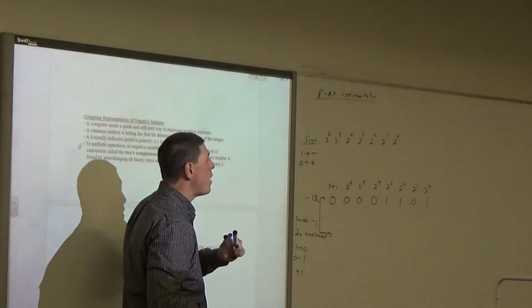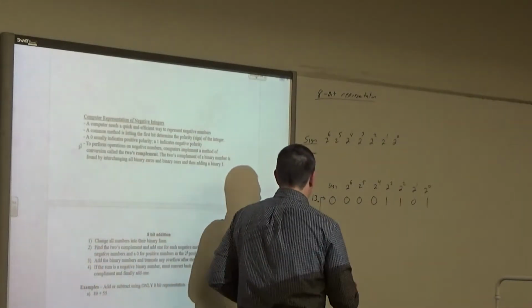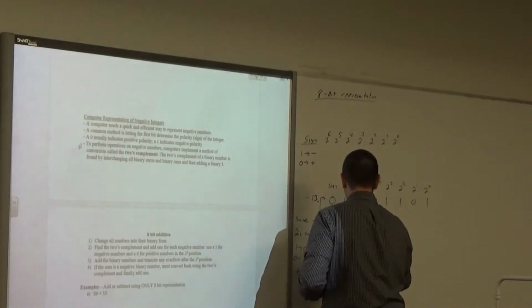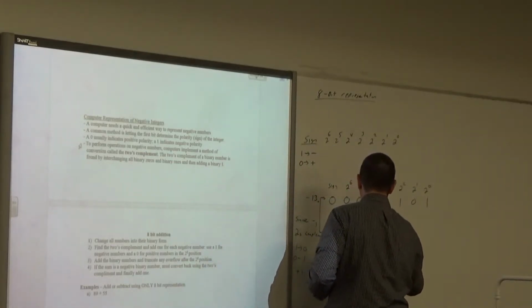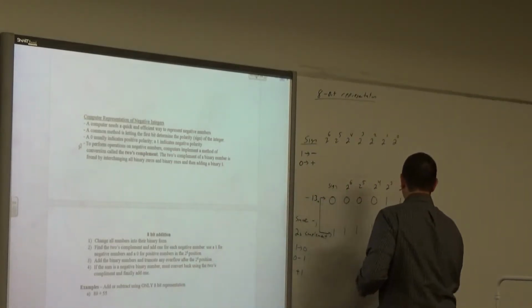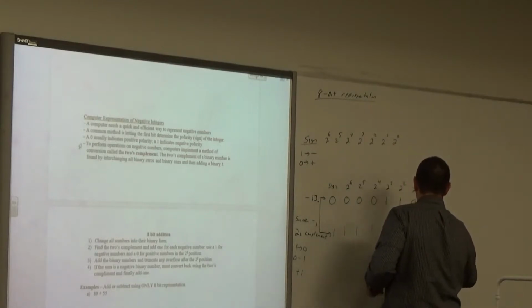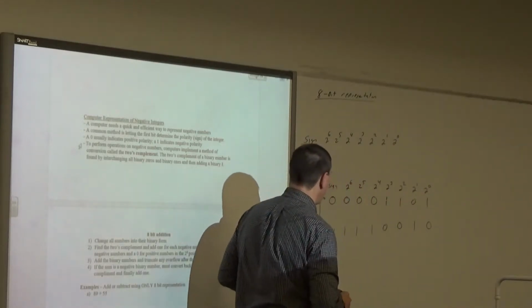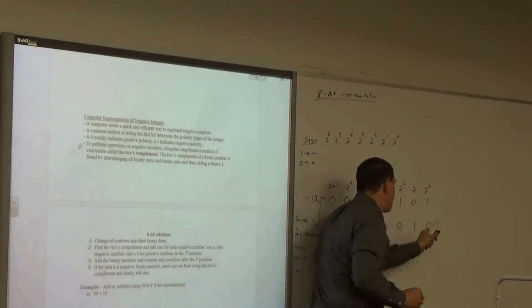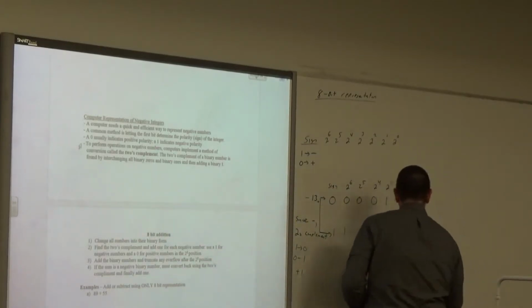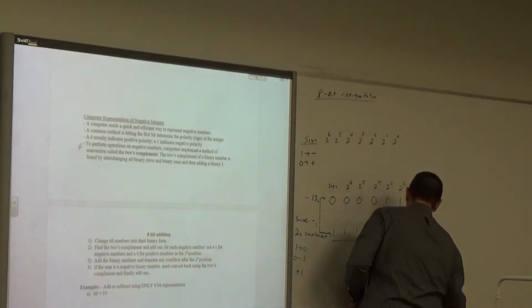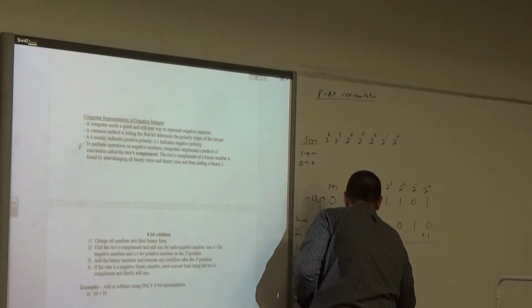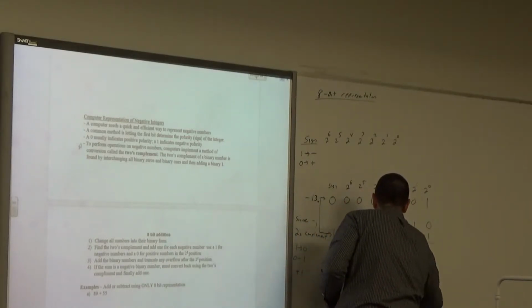So let's go ahead and do that and see what happens. If I change all the 0's to 1's and the 1's to 0's, I get 1, 1, 1, 1, 0, 0, 1, 0. But then I have to add 1 to this, so what I end up with is 1, 1, 1, 1, 0, 0, 1, 1.